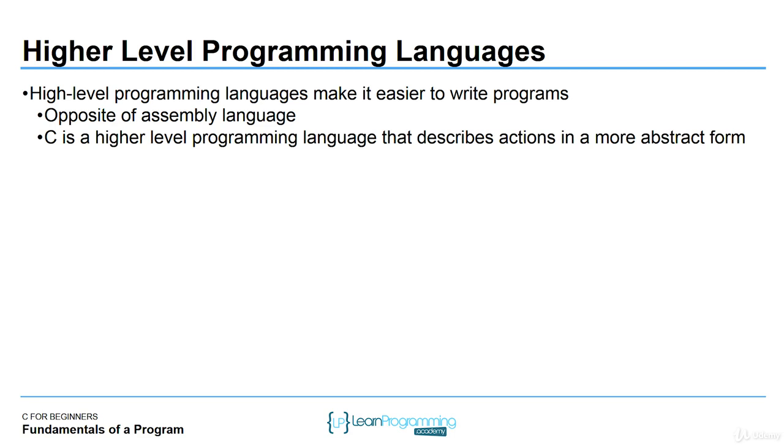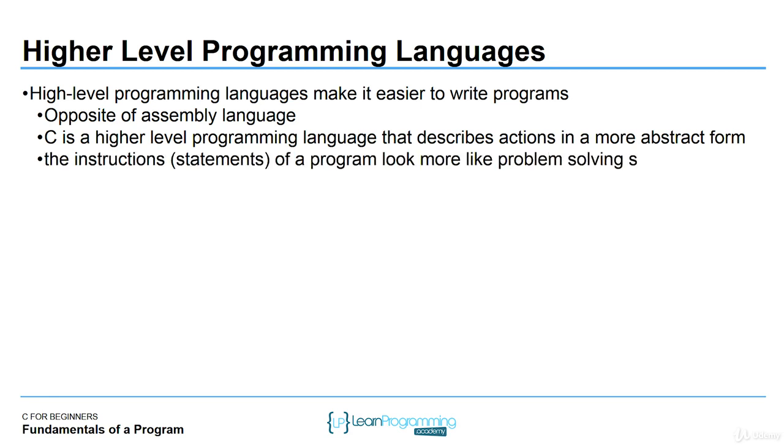An example is C. C is a higher level programming language. It describes the actions that the program is going to perform in a much more abstract way. You don't have to memorize the instructions on the CPU. You just understand the language itself and you solve problems through these algorithms. It looks much more like the English language. It's much easier to understand.